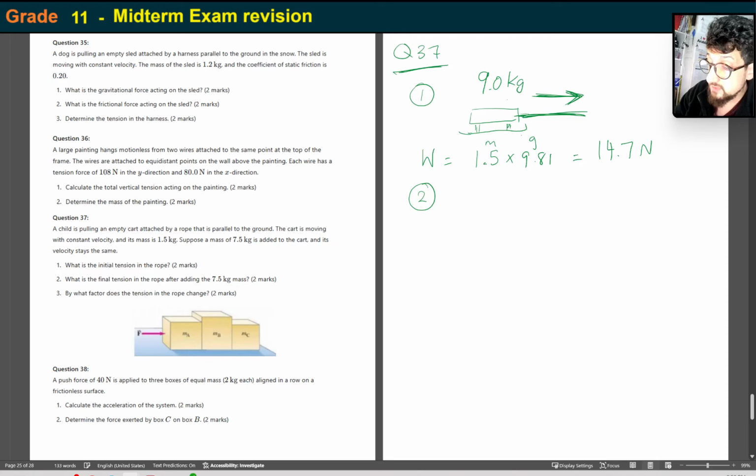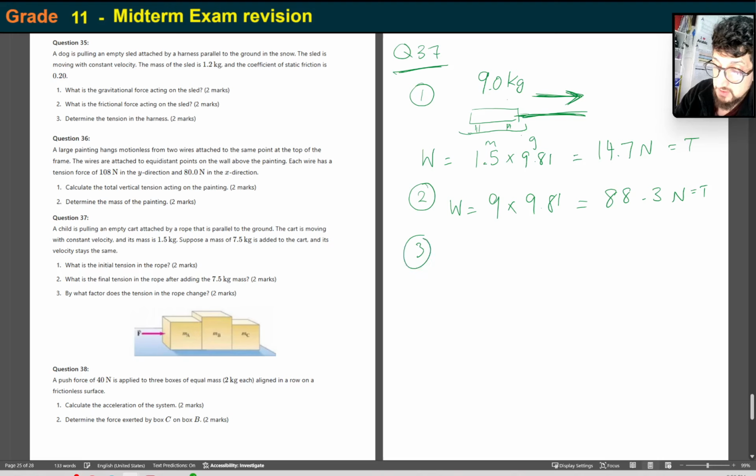So since the mass is 9 kilograms, the weight is now going to be 9 times 9.81, which is equivalent to 88.3 newtons. And that's going to be the tension. Okay, so that's the new tension.